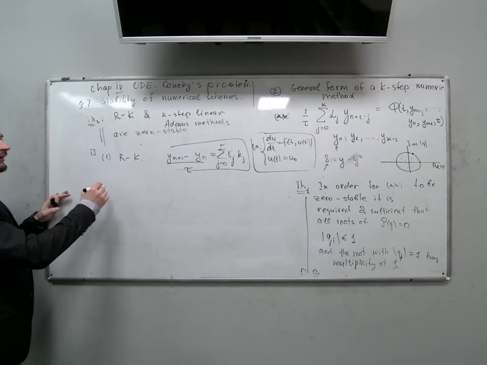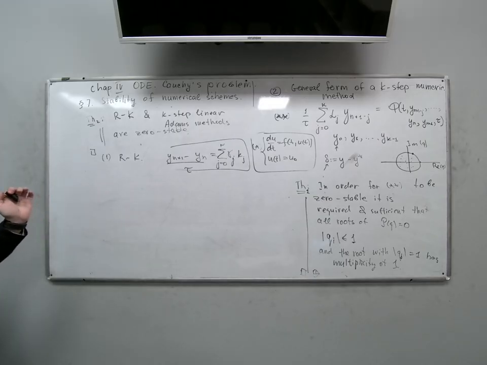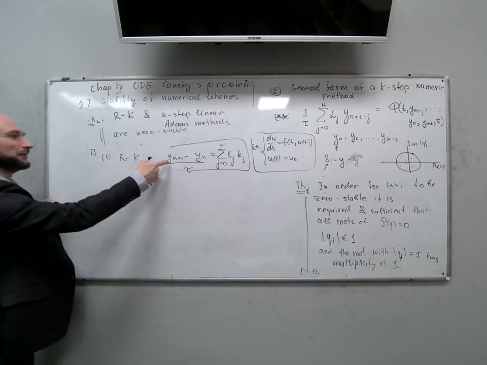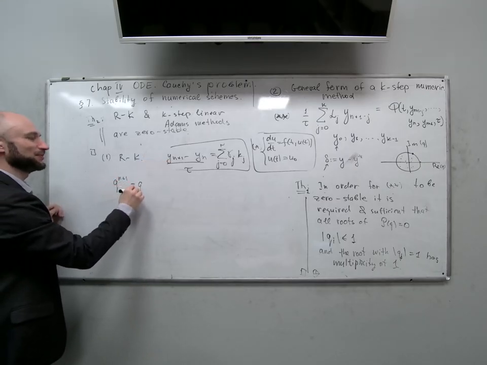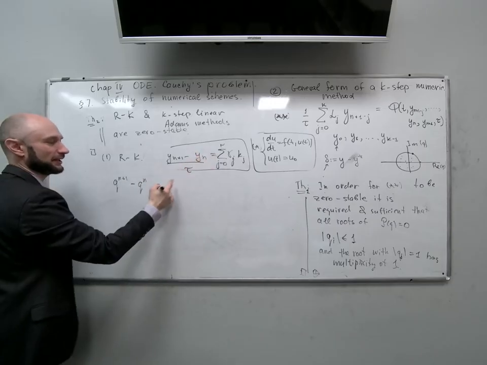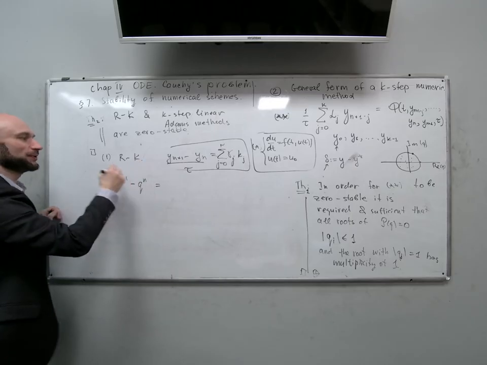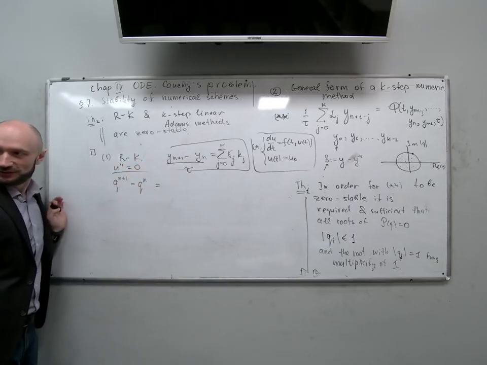So, can you tell me what the characteristic equation will look like if we put q to the power of n plus 1 minus q to the power of n, and we say that the right-hand side is 0 for the particular problem that we want to consider, right?